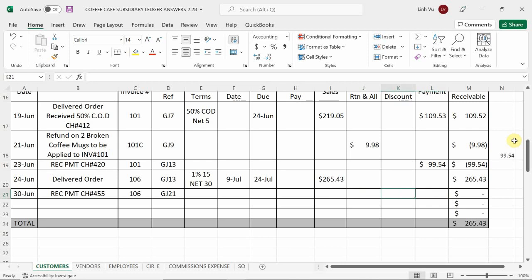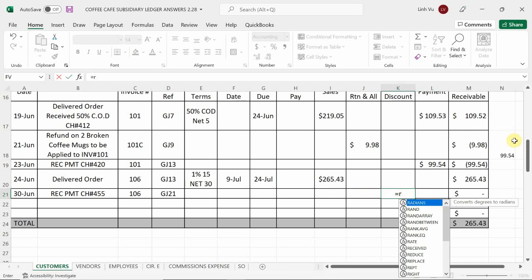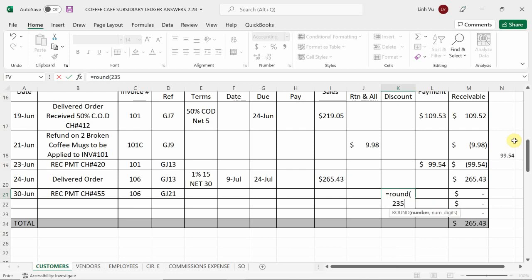She currently owes $265.43. We charged her a $30 delivery fee. So the total amount of sales that we can discount is $235.43, because we have to subtract that $30 delivery charge.